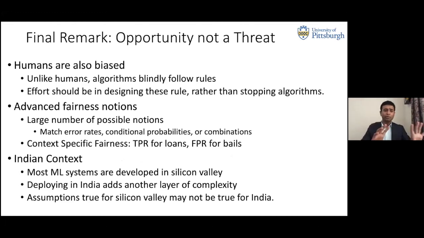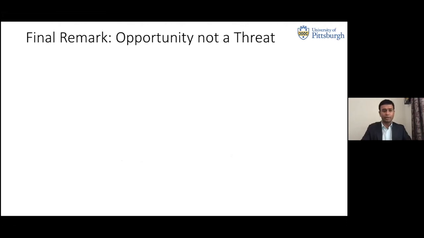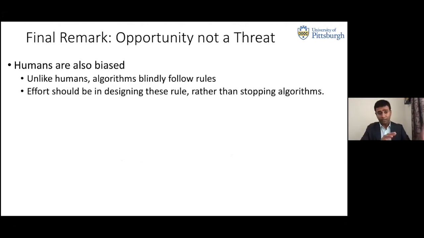Actually, in my view, there is no point in overreacting to the situation, because I know that algorithms are biased, but so are humans. As long as algorithms are less biased compared to humans, we should actually be fine. But we have to make sure that algorithms are less biased than humans.